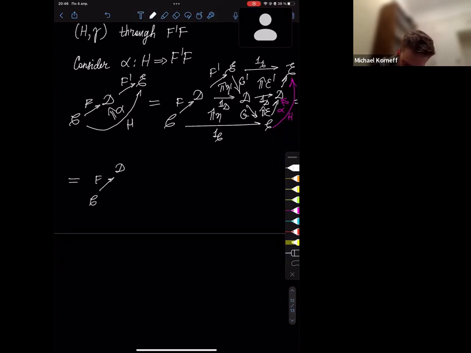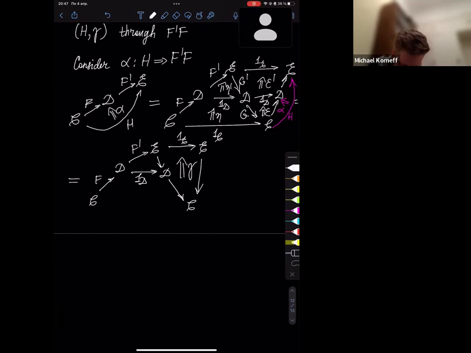And now I can draw the following diagram. And here we have gamma.